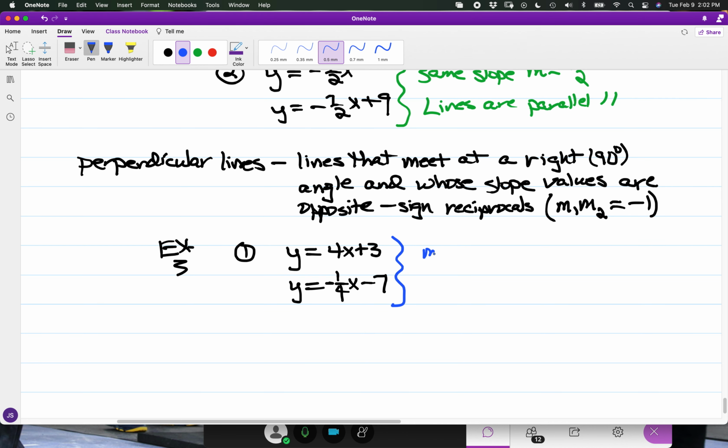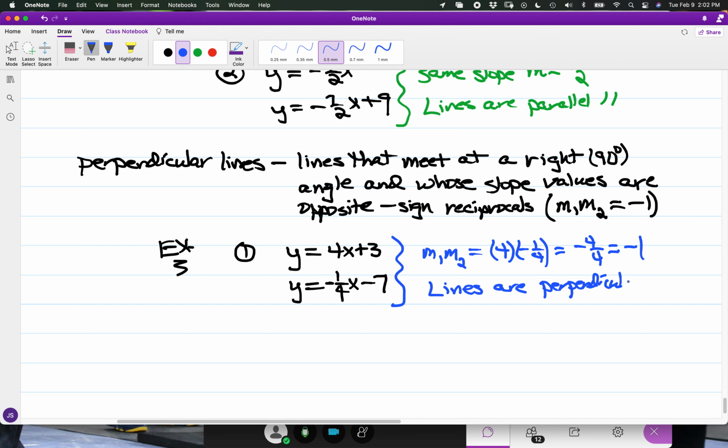So you have m1 times the second m, so 4 times -1/4. The slopes are opposite sign reciprocals, and so in this case these lines are going to run perpendicular to each other.